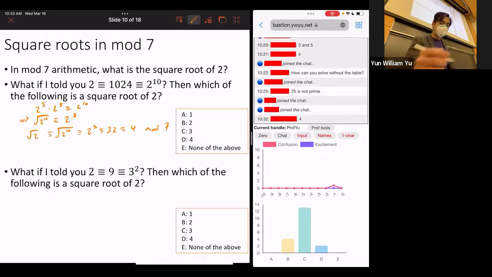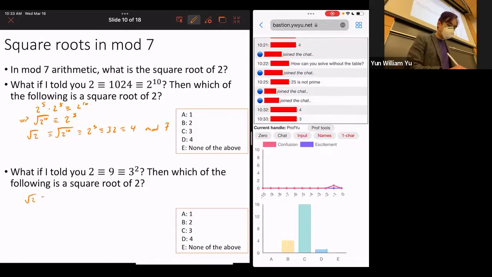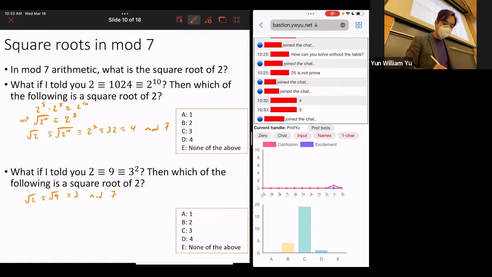Okay, yeah, so it's just 3 because the square root of 2 is congruent to the square root of 9, which is congruent to 3 mod 7. Okay, so the answer is both of these numbers are actually square roots of 2 in mod 7, because as we said, they're not always unique.